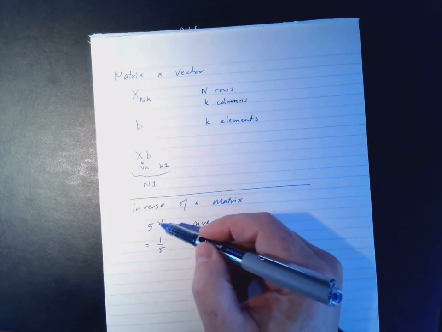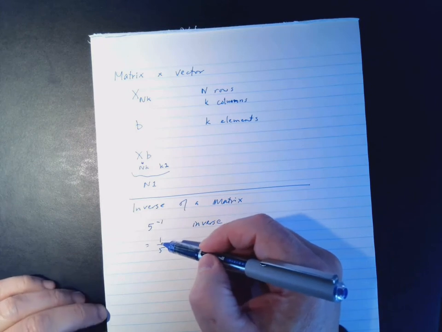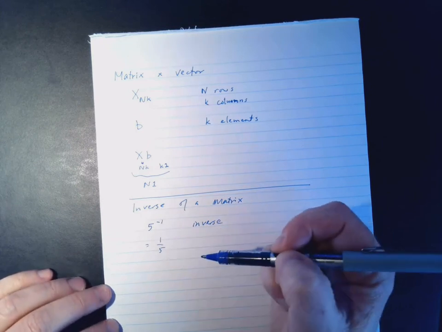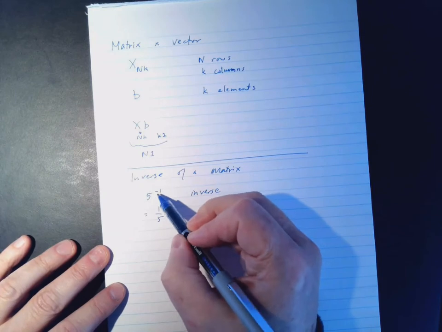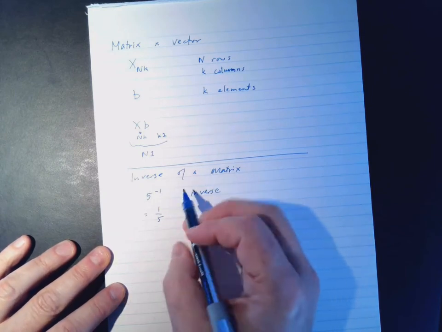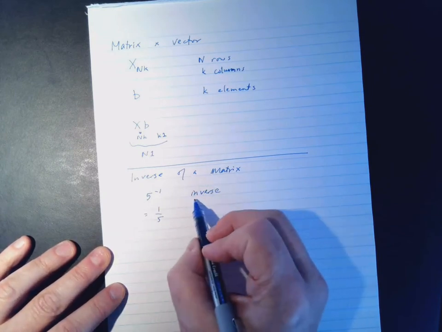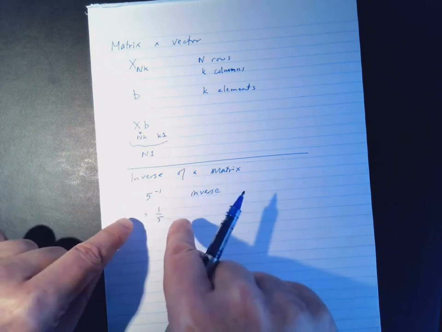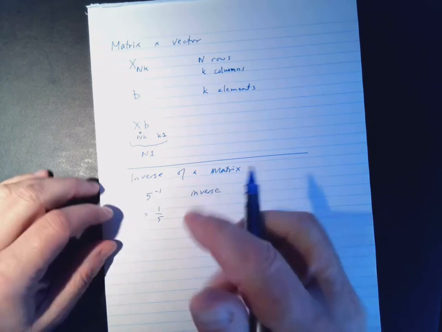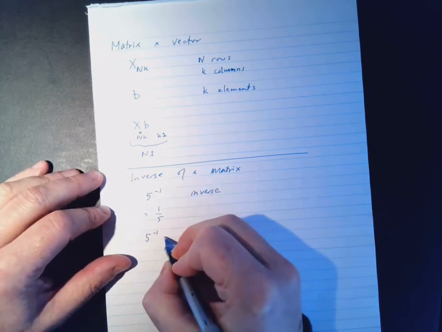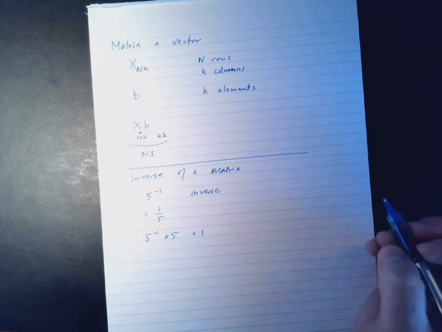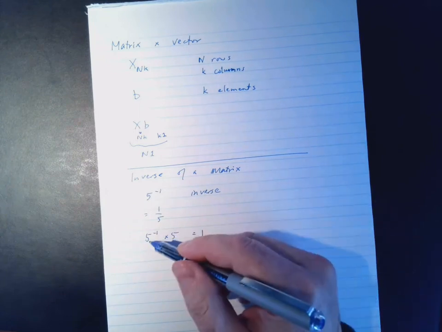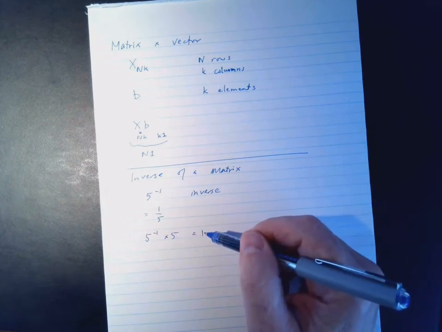So the exponent minus 1 is just the notation for putting it on the bottom of a fraction. So 5 inverse. And the thing is that the inverse of a number is the number that if you multiply it by the original, you get 1. In other words, 5 inverse times 5 equals 1. So a number times its inverse gives you 1.